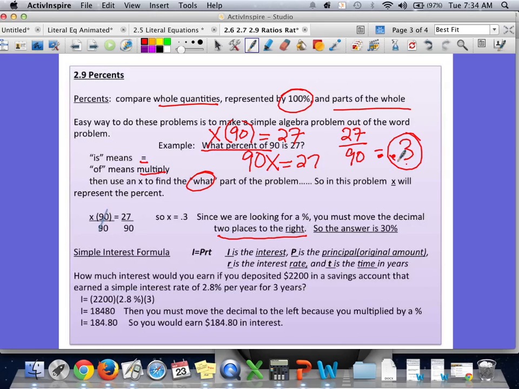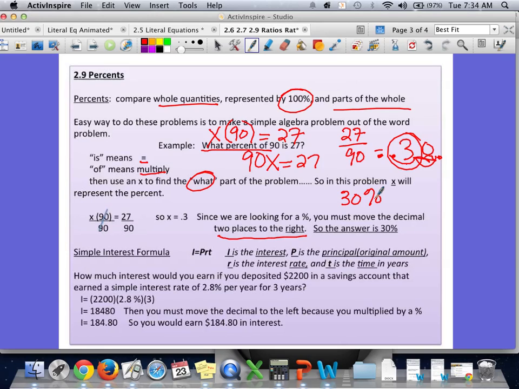So this will go 1 and 2. So 30% is the percent. So if it asks you for a percent, you must move the decimal 2 places to the right. Otherwise, you just leave the answer as you find it. All right, so now we will be working with those in class and setting up algebra problems.